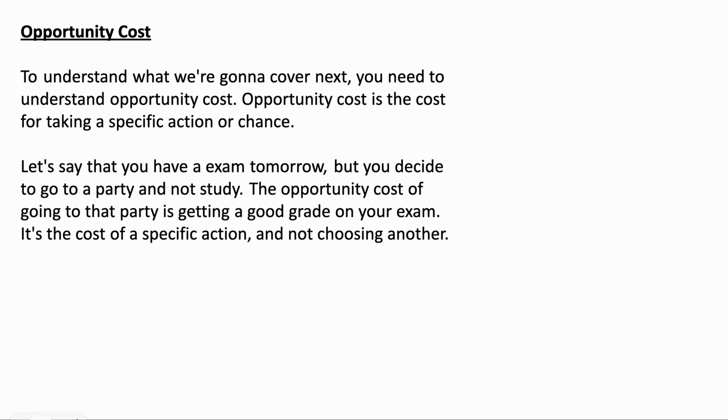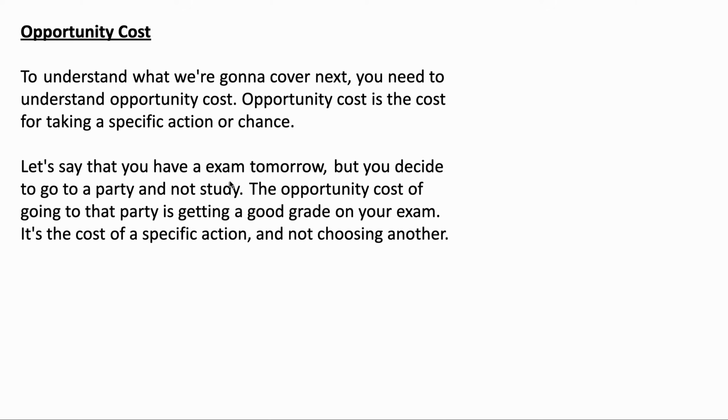Now, to understand the next topic we're going to be covering, comparative advantage, you need to understand opportunity cost. Opportunity cost is a cost for taking a specific action or chance. And when people hear that out loud, they don't really understand it. But just take this example. Let's say we have an exam tomorrow, an economics exam, but you decide to go to a party and not study.